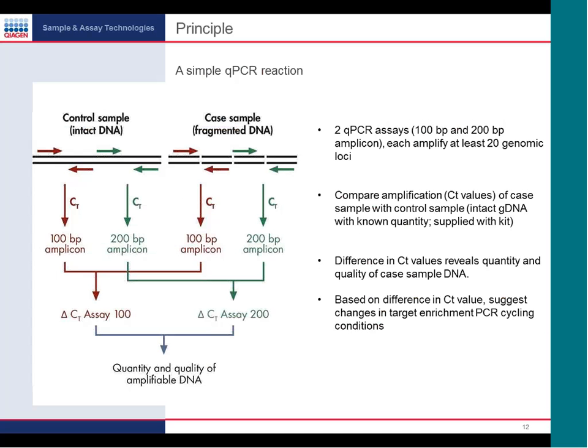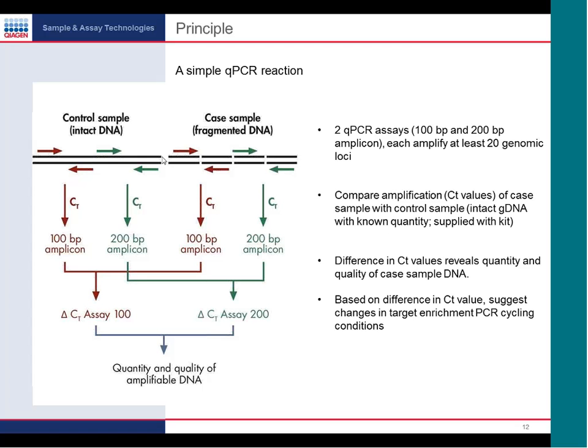And how does this kit work? It basically uses a simple qPCR reaction. You'll get two qPCR assays, one for a 100 base pair amplicon and another for a 200 base pair amplicon, along with the control sample. What you have to do is just run qPCR using these primers along with the control sample and your case sample, and then take the CT values and upload them on our online data analysis tool.